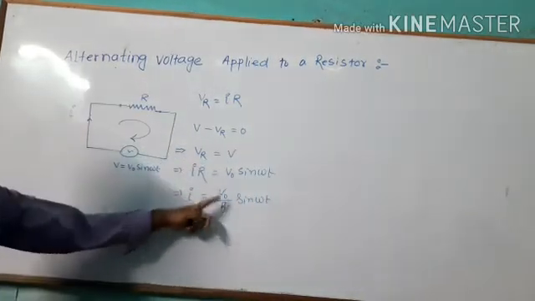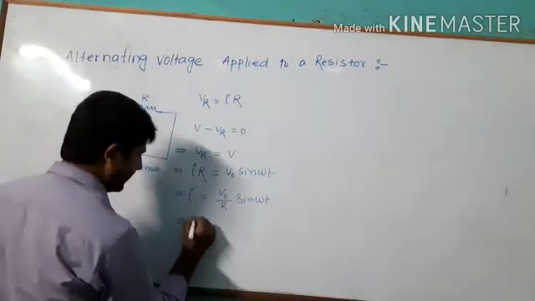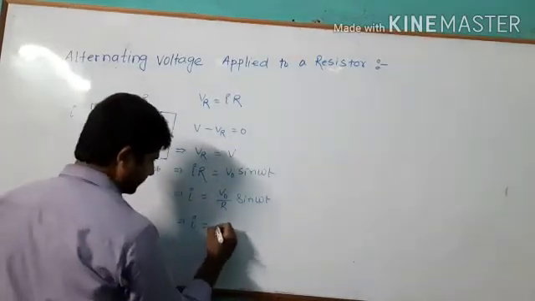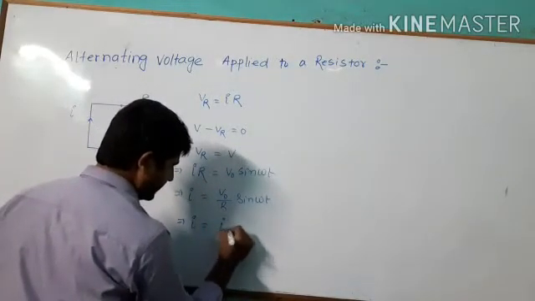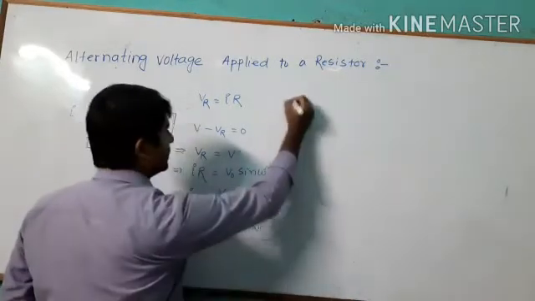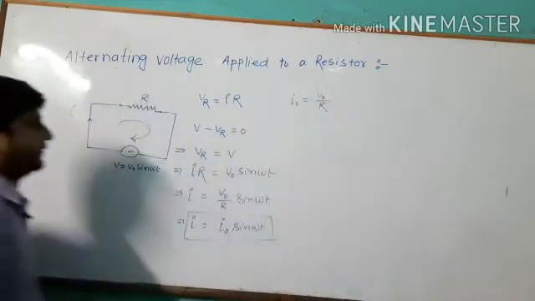Now voltage by resistance is called current. So maximum voltage by resistance is called maximum current, or you can say peak current: I equal to I0 sine omega t, where I0 is V0 by R, the peak value of current.